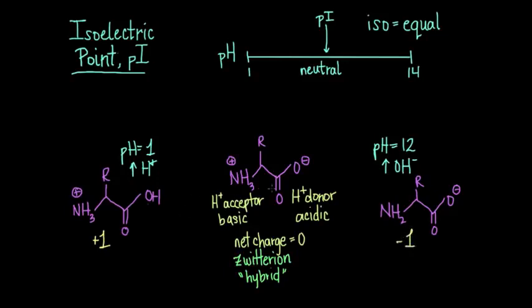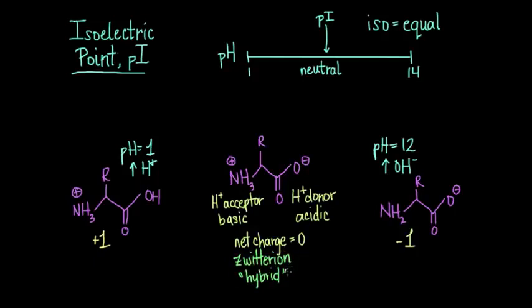So now we know that we have a range of forms that our amino acid can take. We have the positively charged version at low pHs all the way up to the negatively charged version at high pHs. Now back to our question about the isoelectric point. The isoelectric point is the pH at which we go from the positive to the negative form. In other words, it's where we find the zwitterion.